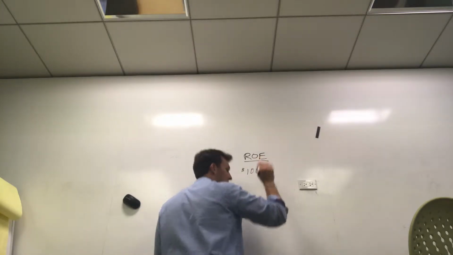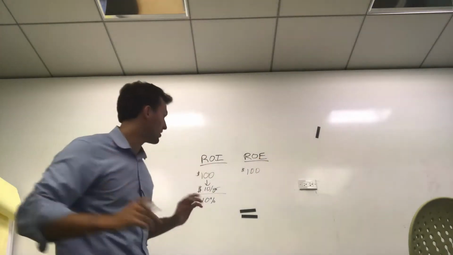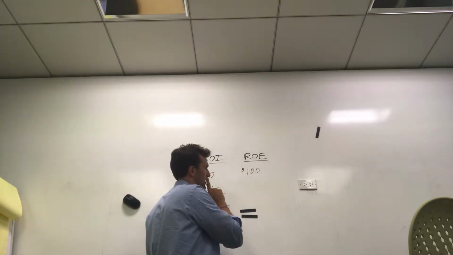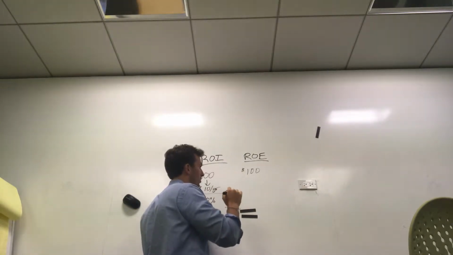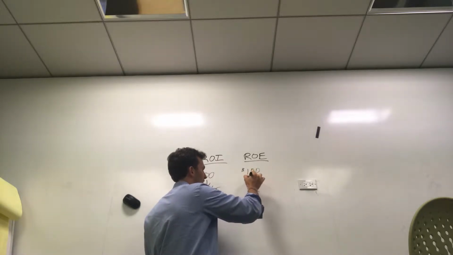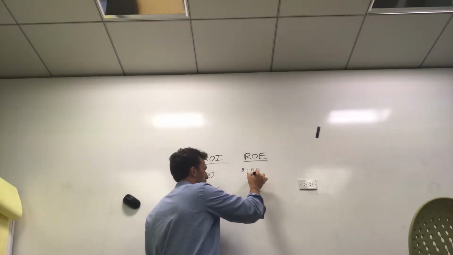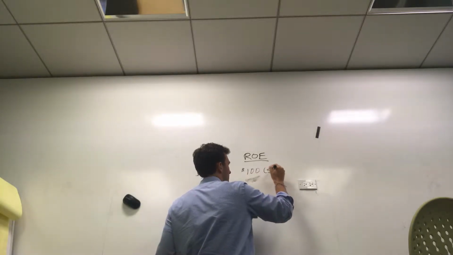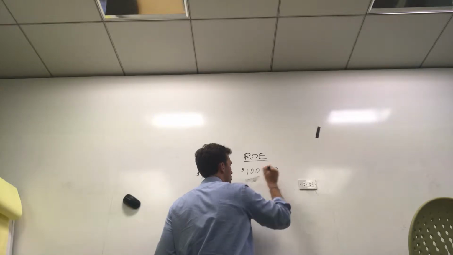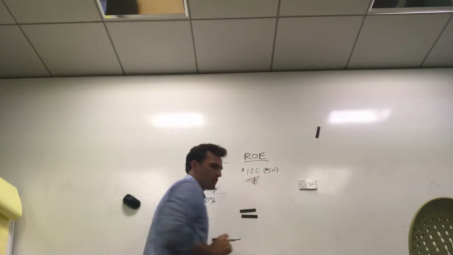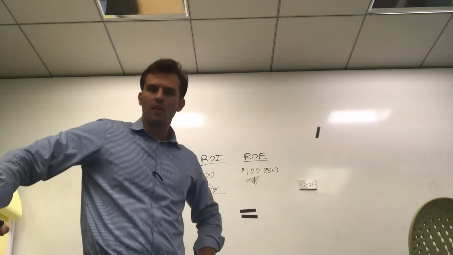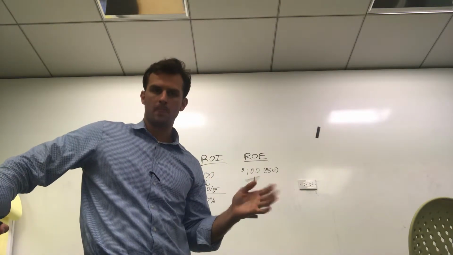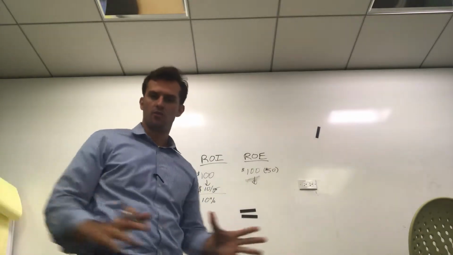If I invest $100, and in real estate these numbers are a little bit bigger, let's just say I invest $100 and I only have $50 in equity, because of closing costs, insurance payments, and things you have to pay.